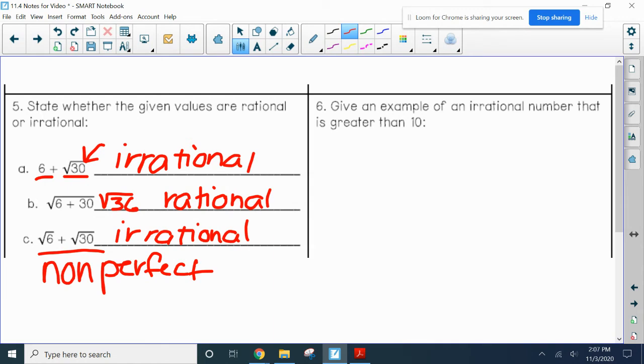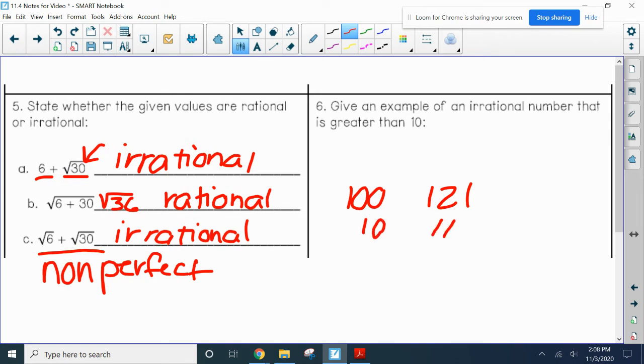All right, so then you have to give an example of a rational number greater than 10. So, let's think. I know the square root of 100 is 10, and I know the square root of 121 is 11. So 10 and 11.